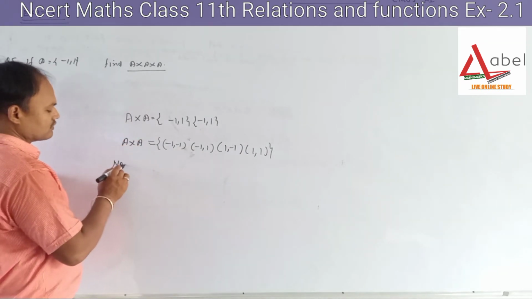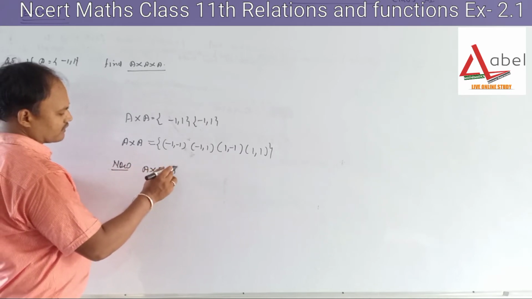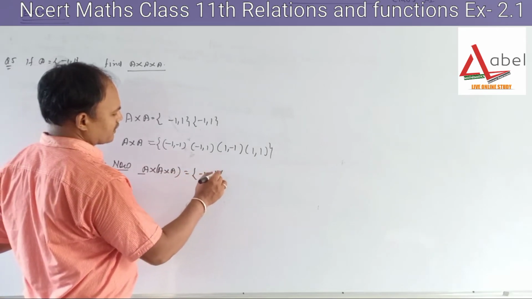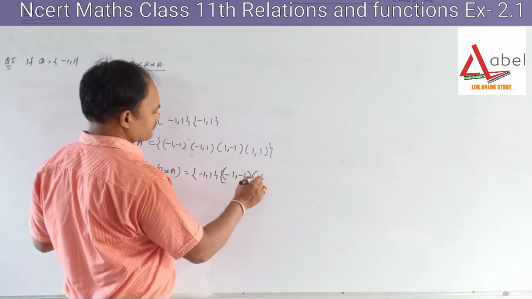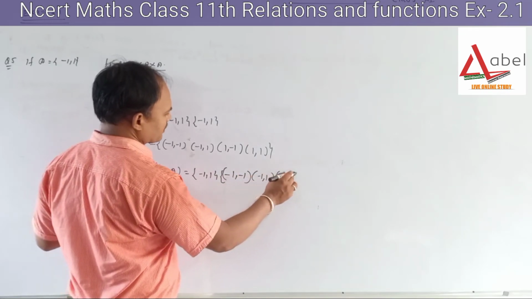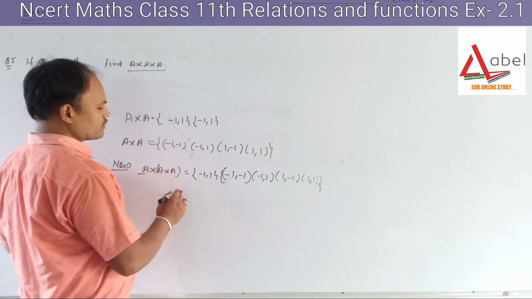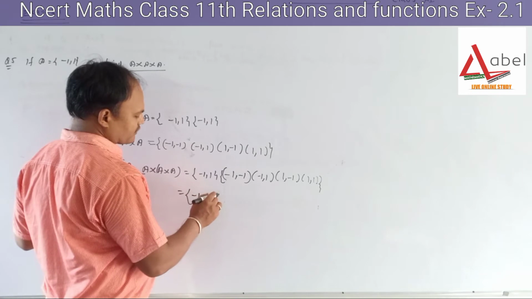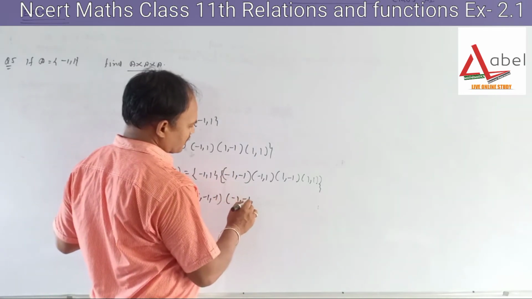Now A cross A cross A means A is {-1, 1} and the pairs are (-1, -1), (-1, 1), (1, -1), (1, 1). Okay students, so now we are going to multiply -1 by this, so we can say (-1, -1, -1) is the first element, then (-1, -1, 1).